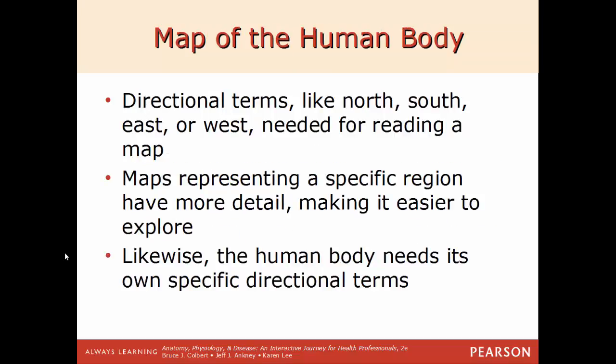We'll start with the map of the human body. Directional terms like east, west, north, south are needed when you're trying to read a map. Maps representing a specific region often have more detail, making it easier to explore. The same thing goes with the human body. We have our own directional terms used when it comes to anatomy and physiology.